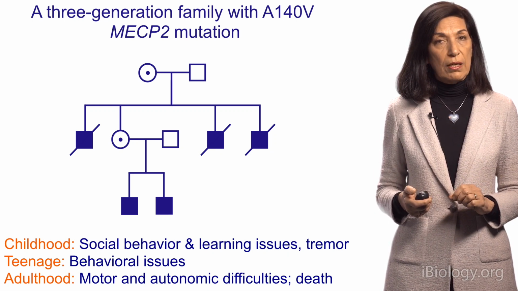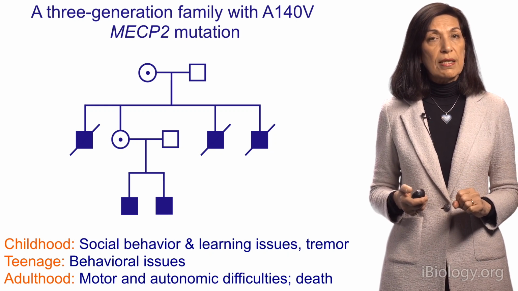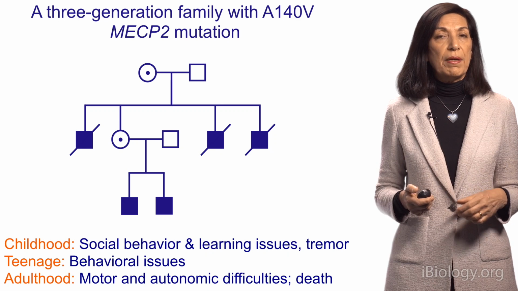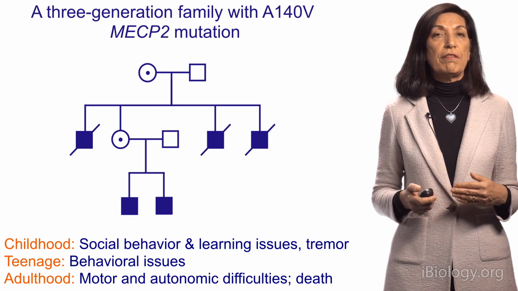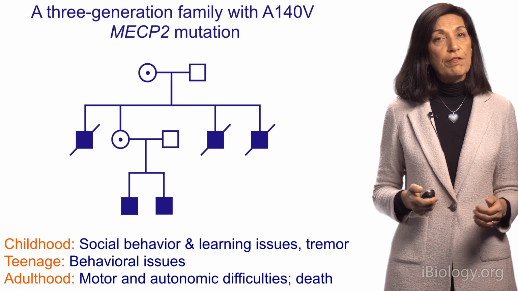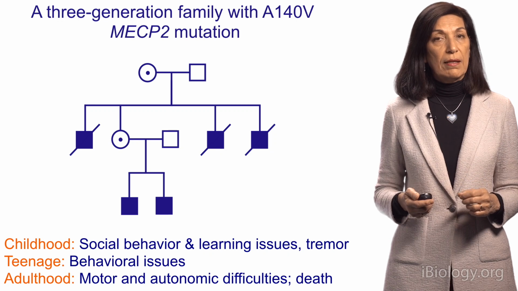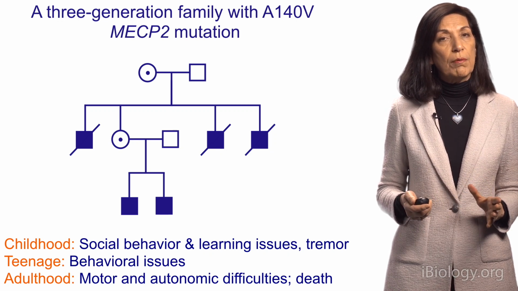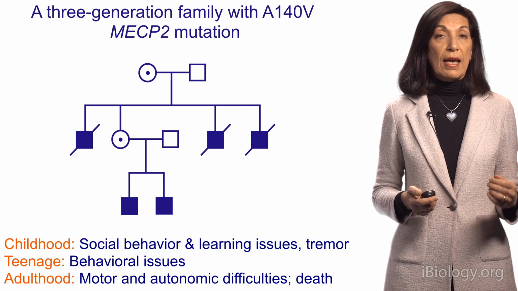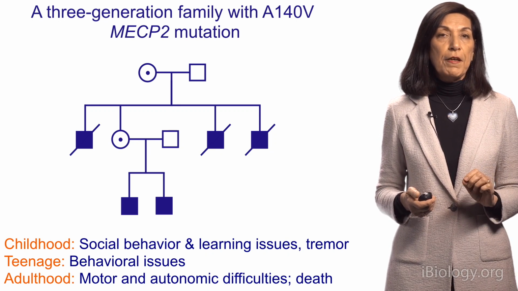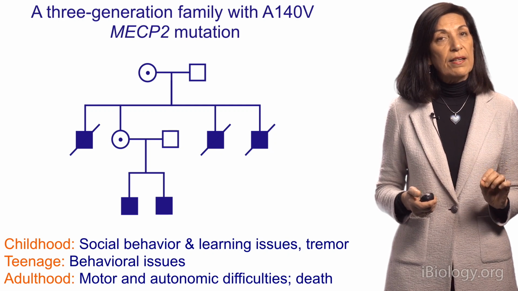But their maternal uncles, they had behavioral issues as teenagers, but then when they became 40 and 50 years old, they developed motor problems, eventually became wheelchair bound, and eventually passed away. So even a mild mutation in a male that may present with behavioral problems, unfortunately after 3 or 4 decades can cause lethality.